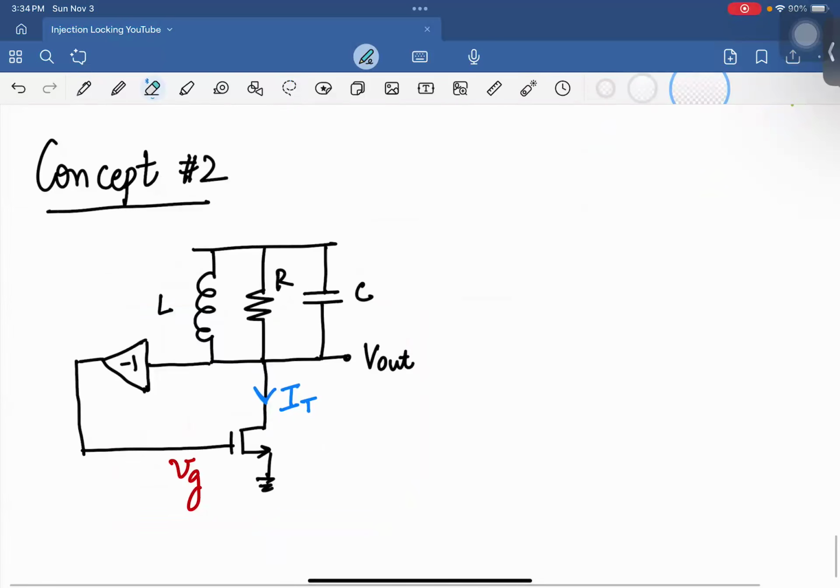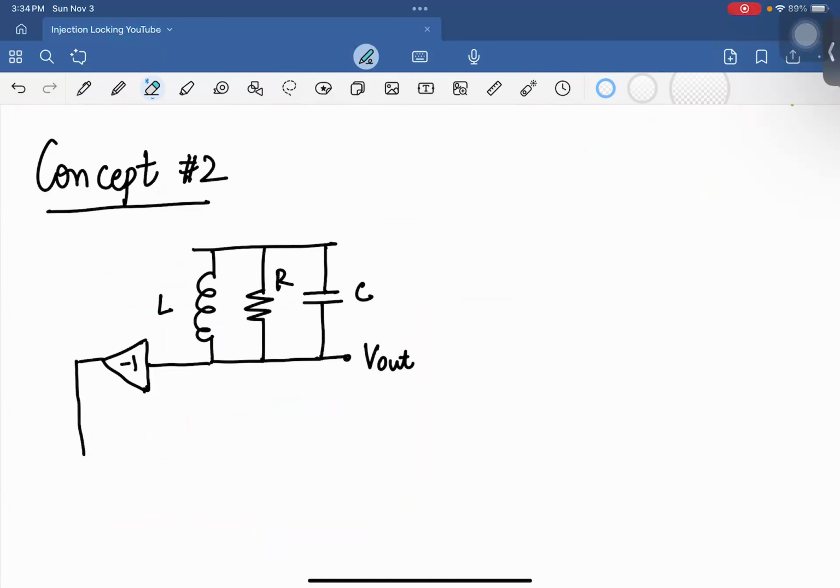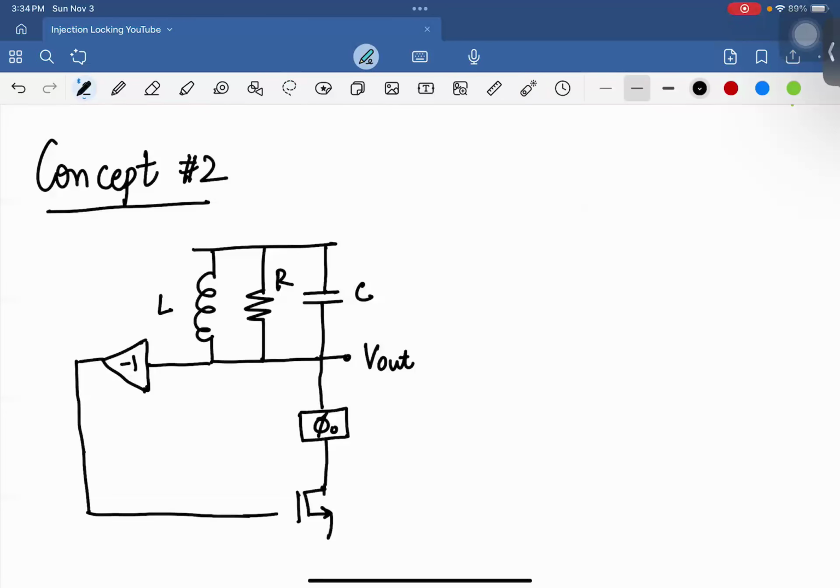And now what I want to do is introduce a phase shift here. Call it phi naught if you like. And then still have my transistor there and then ground. So now this is VG again. And then this is I oscillation. And this phase shift is in current, and we'll see how to do that. But this is your IT.